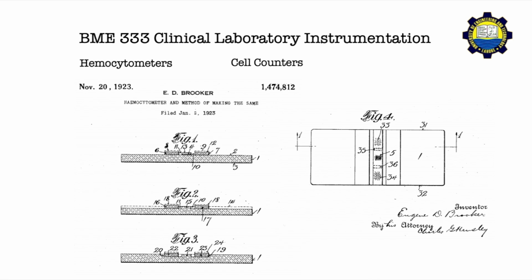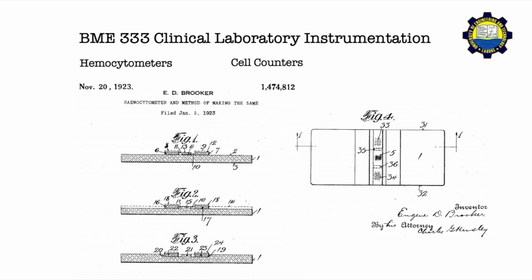And then towards the late 19th century, Louis Charles Molasses has been credited with bringing up significant improvements. What you're seeing now is a 1923 patent filed by Eugene Bruker, and again, Eugene Bruker is also credited with a specific design and making significant, important improvements in what the original designs of hemocytometers were.